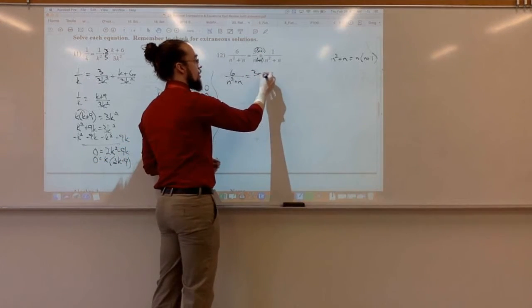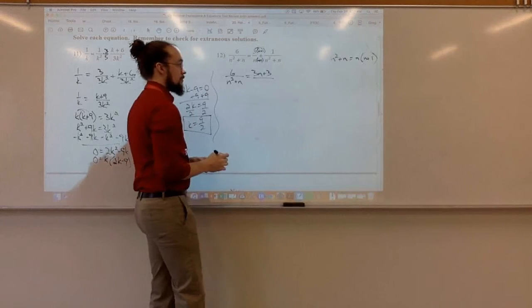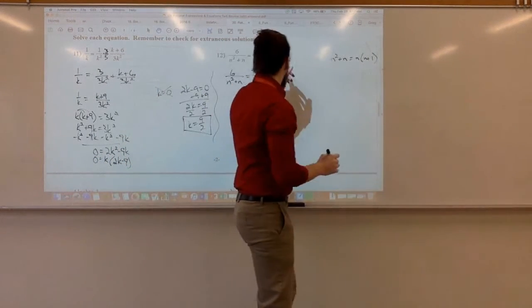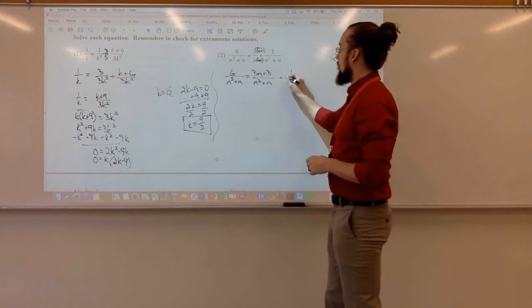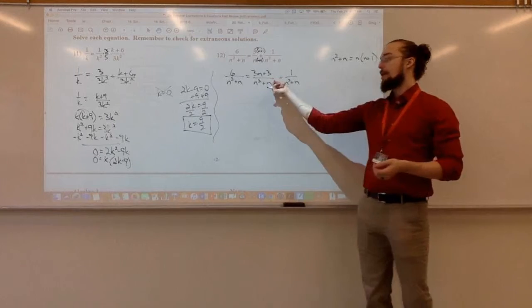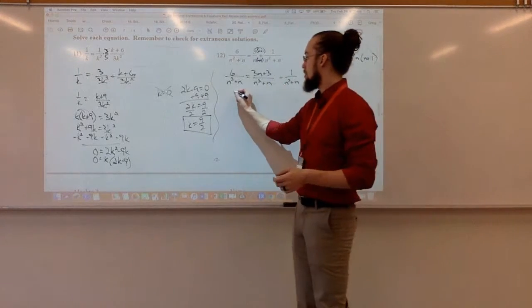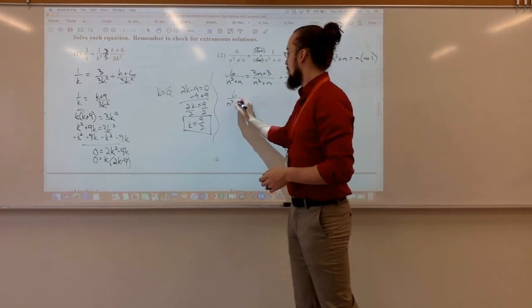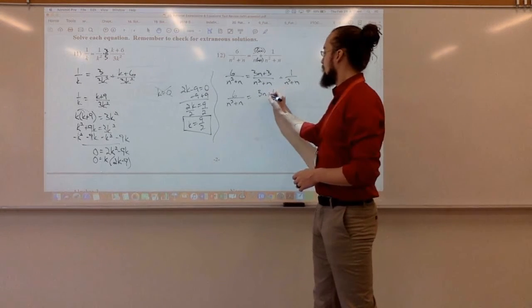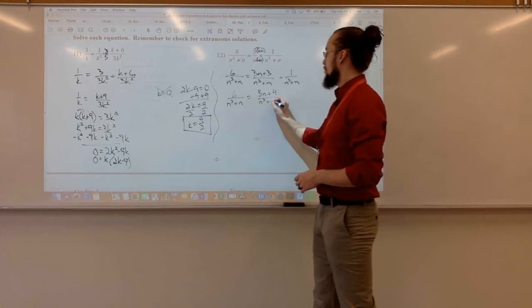So 3n plus 3 over n squared plus n, plus 1 over n squared plus n. So now I can combine these into a single fraction. 6 over n squared plus n equals 3n plus 4 over n squared plus n.